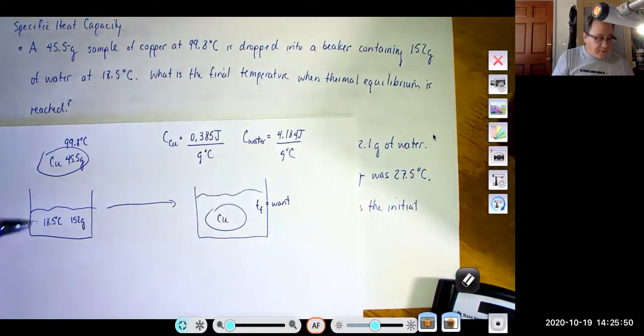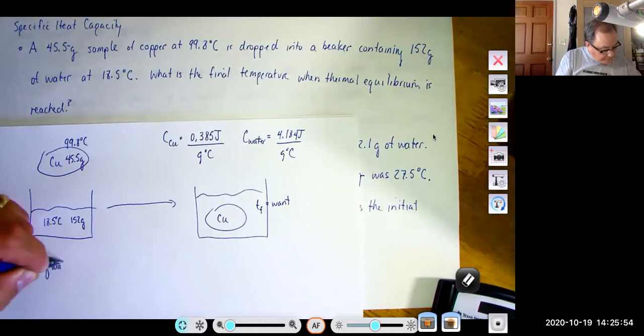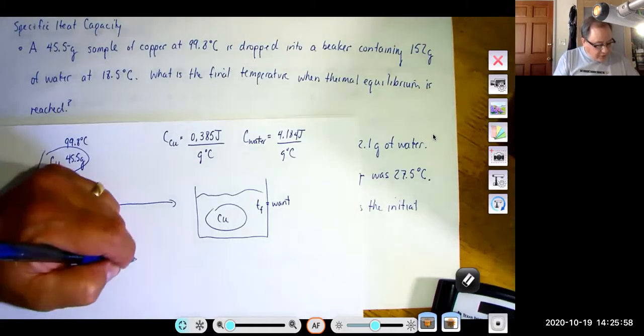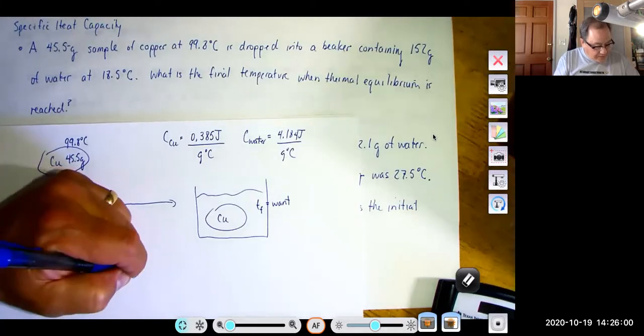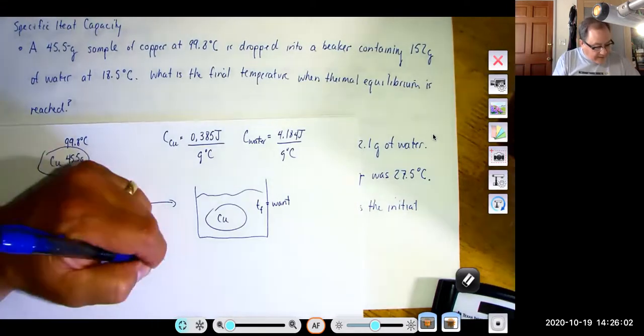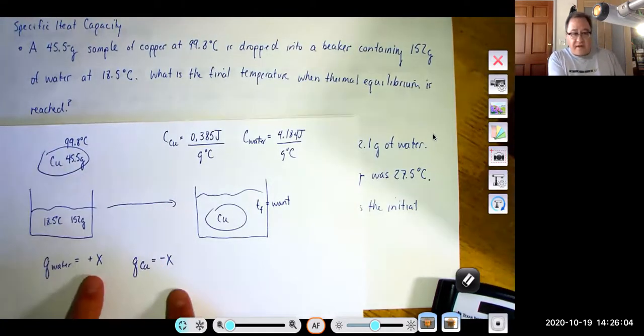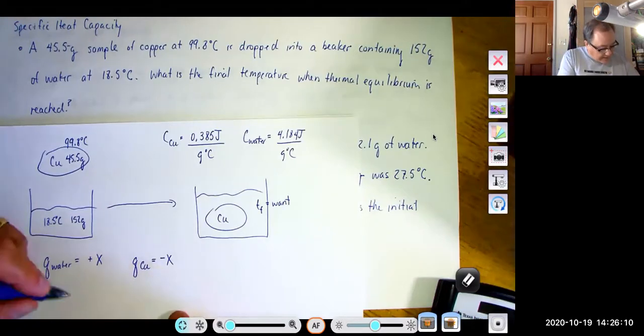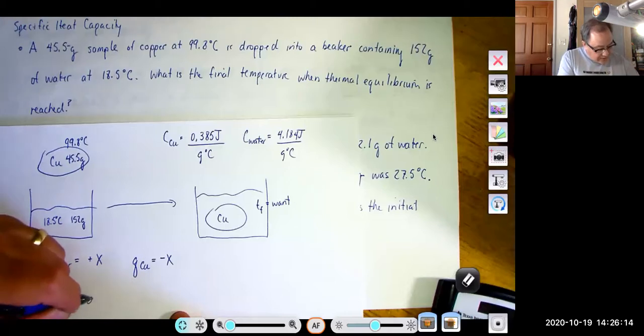Now, I want you to recall that when I get the Q of the water, it's going to be some positive value. But the Q of the copper, it's going to be a negative value. So whatever the water value is, the copper has the opposite value. Now, what happens when I take the Q of the water and add it to the Q of the copper?